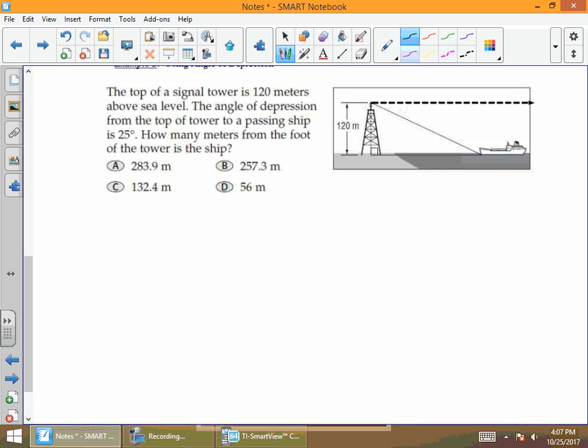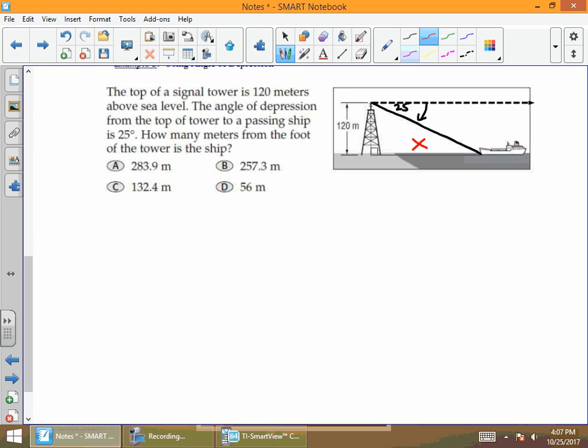The line of sight, all right, I already see that, is right here. So the angle of depression is this angle up here. The angle of depression is 25 degrees. And it wants to know how many meters from the foot of the tower is the ship. So how far is the ship right here from the tower?